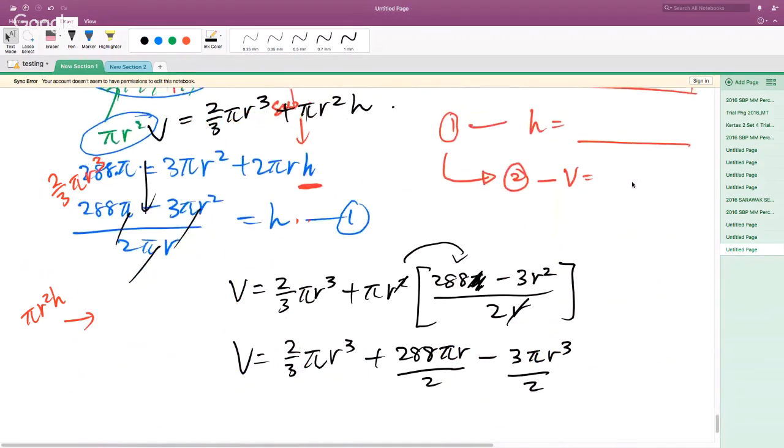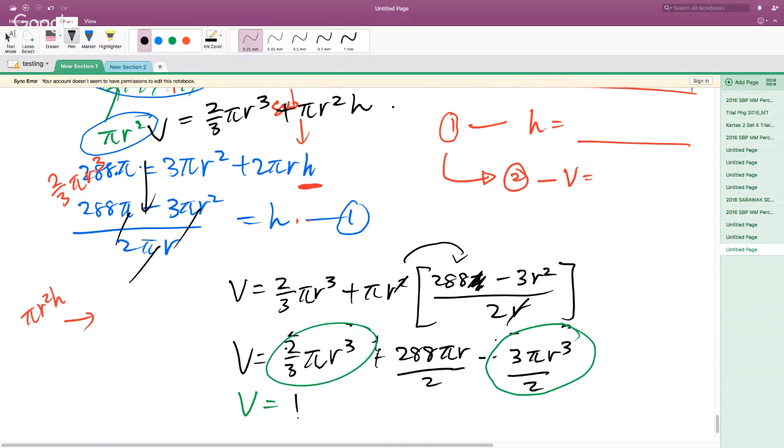So from here, I will just simplify this one with this one. What I will do is minus them, so I will use 2 over 3 minus 3 over 2, and I will get negative 5 over 6.